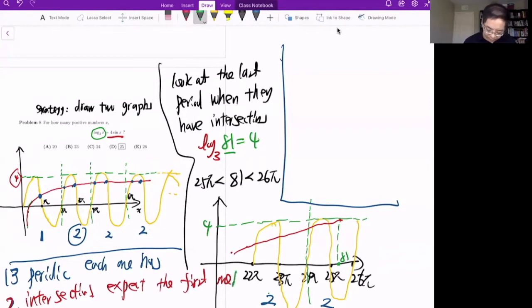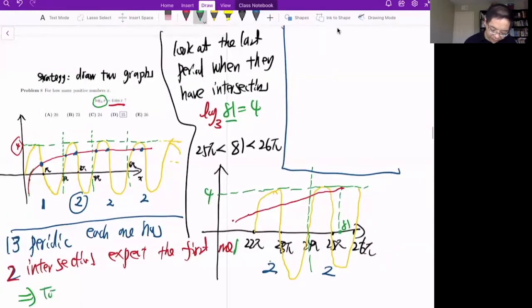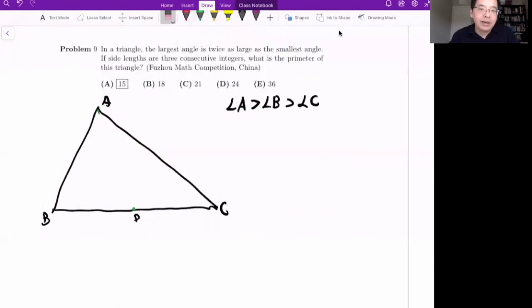So the total equals 13 times 2 minus 1. That's 25.